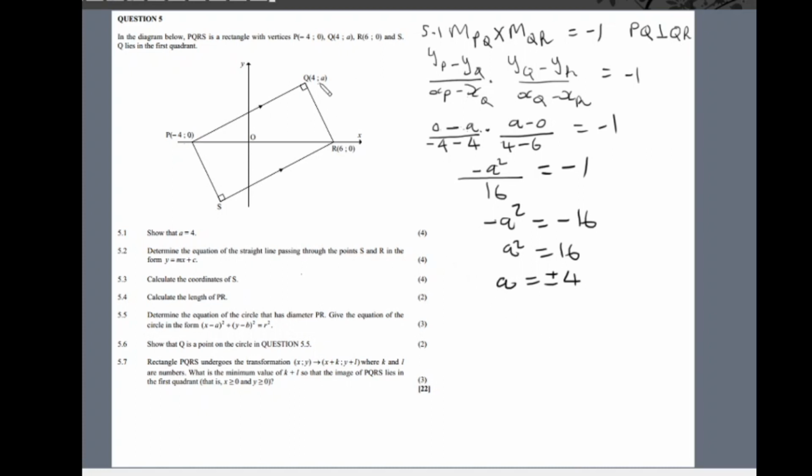But then we see on this quadrant the value of y is positive, therefore A has to be greater than 0, which means that A is equal to 4. We're just gonna take the positive square root of 16, which is 4, right? So there we have shown A is 4, right? And then we move on to question 5.2.